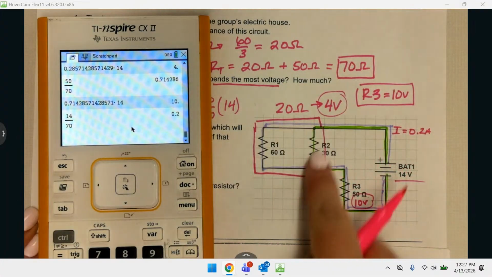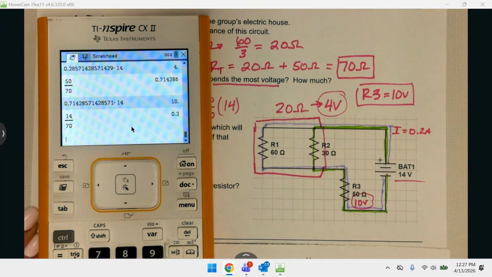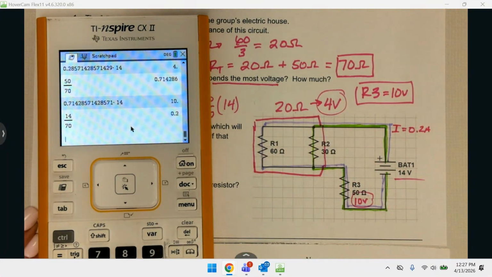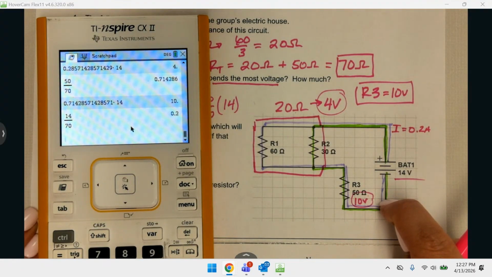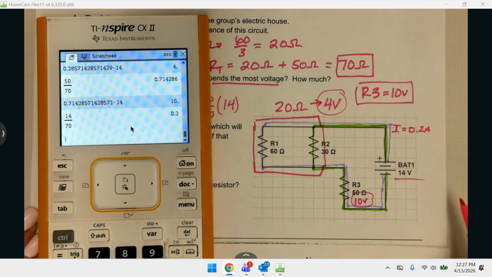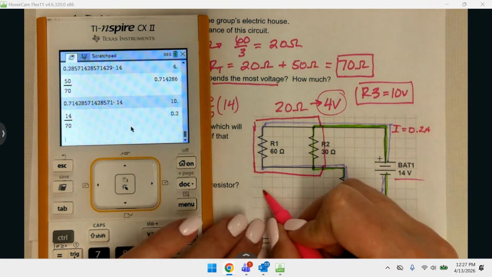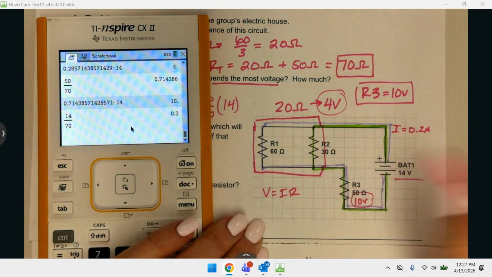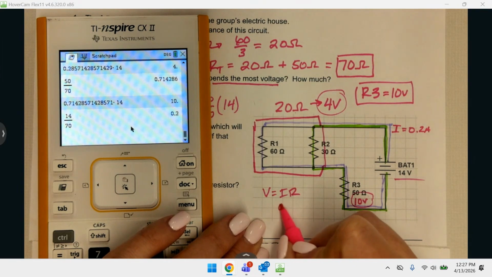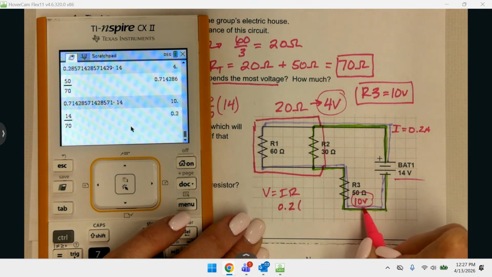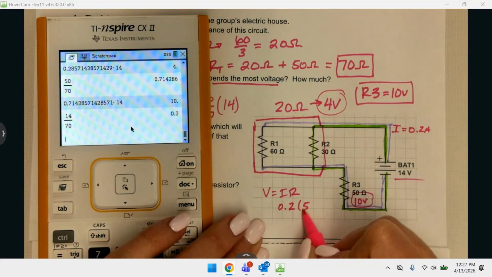Now that 0.2 amps is going to split over here. But again, these two voltage drops are the same, and what I would recommend that you do first is solve for this one. Okay, it's easier than messing with that. So again, if I wanted to use V equals I times R, I know the total current goes through here. I can see it, purple and green both. I'm going to use my total current, 0.2, and I'm going to use the resistance right here, 50.